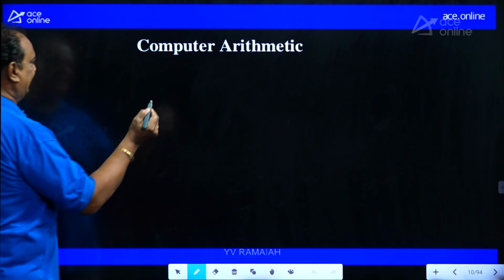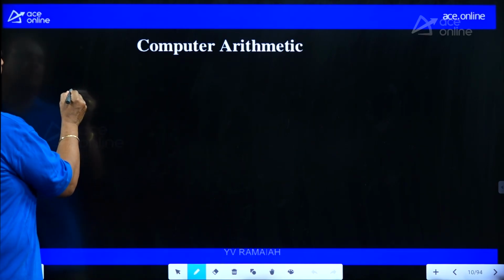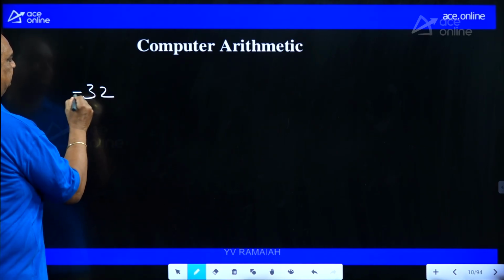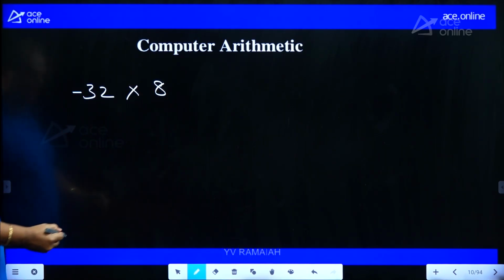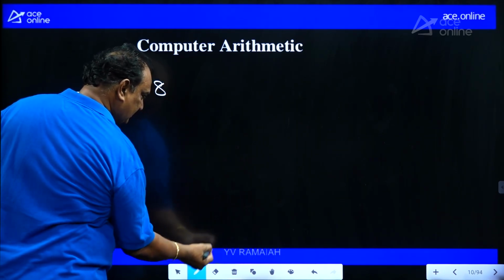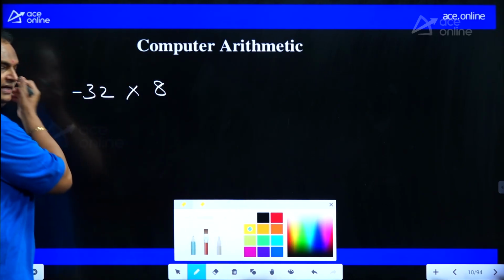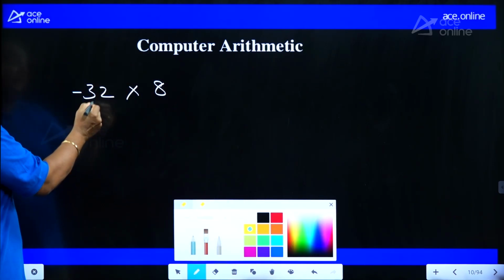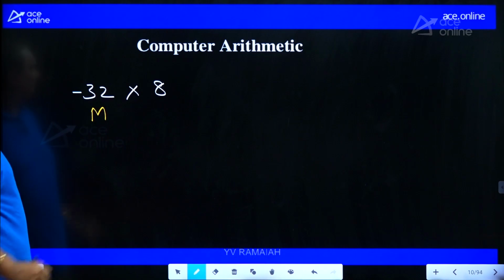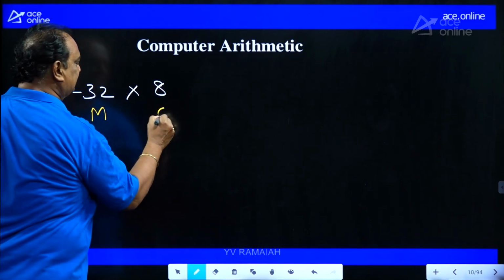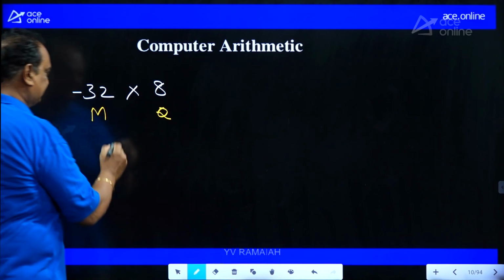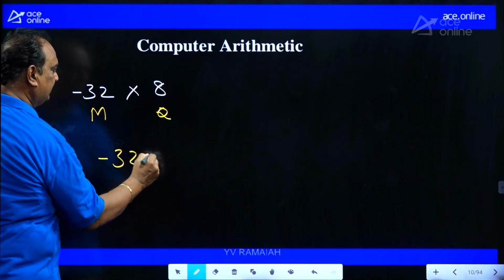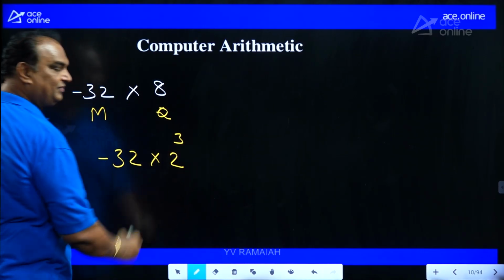Suppose the given data is like this: minus 32 into 8. Here, it is known as multiplicand. M represents multiplicand, Q represents multiplier, M into Q. It can be written as minus 32 into 2 power 3.